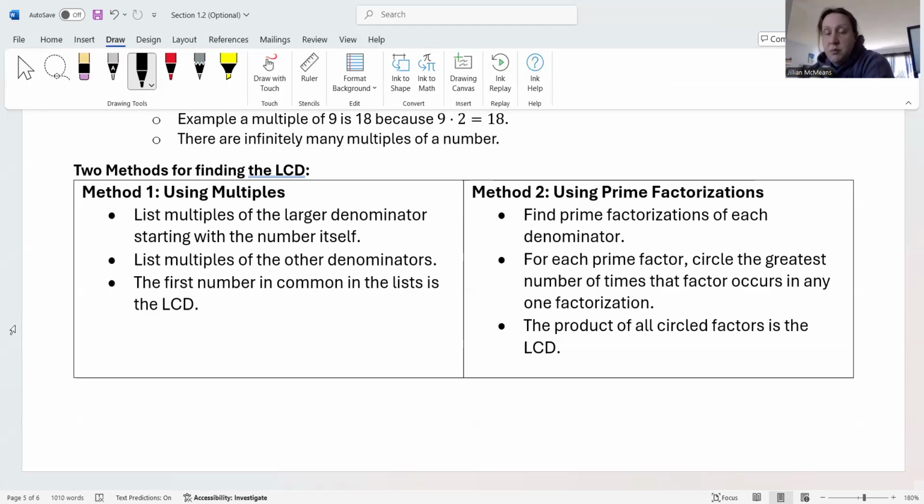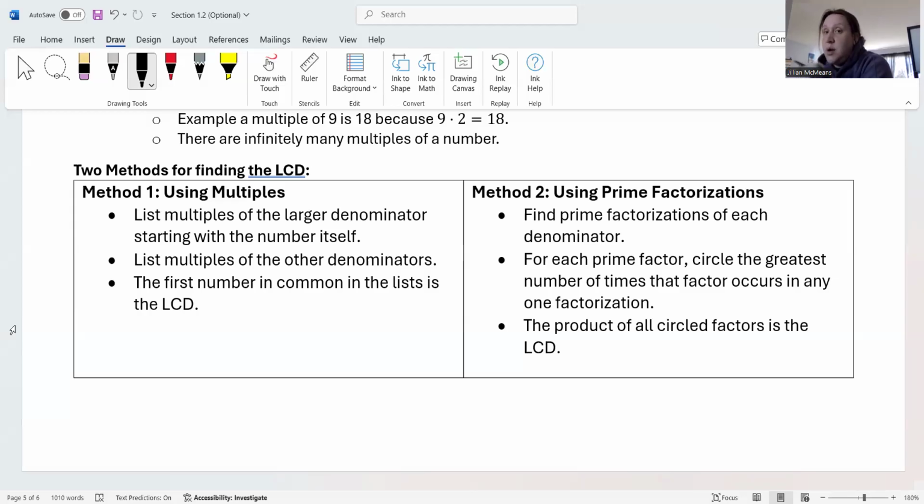With the multiples method, you list out the multiples of all of your denominators. You generally start with the larger denominator, list out several multiples starting with the denominator itself. Then you go to the other denominators and list out multiples of those. As soon as you have a multiple that's common to all of your denominators, that becomes the LCD. It's a very easy method, but it can really get drawn out depending on what the LCD is.